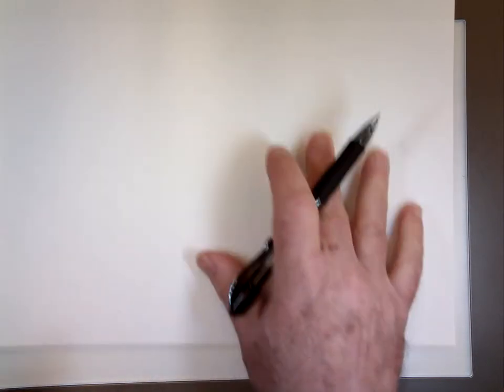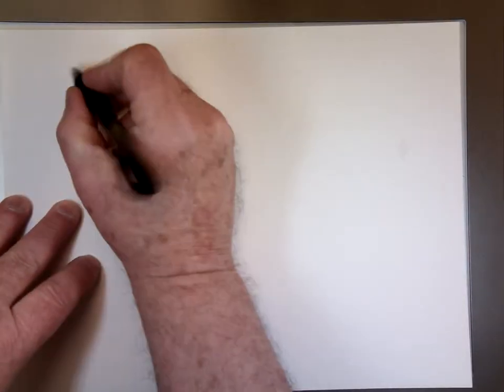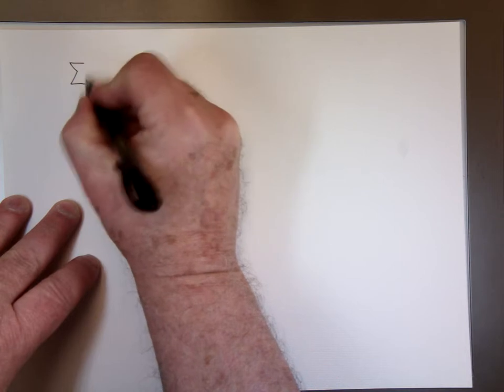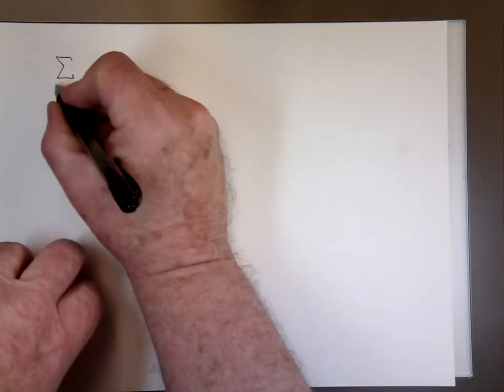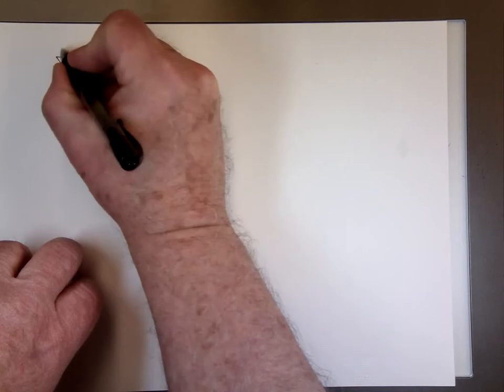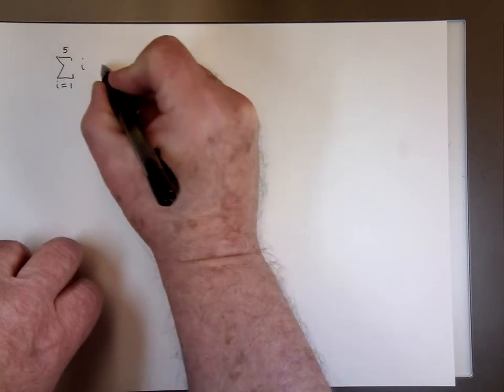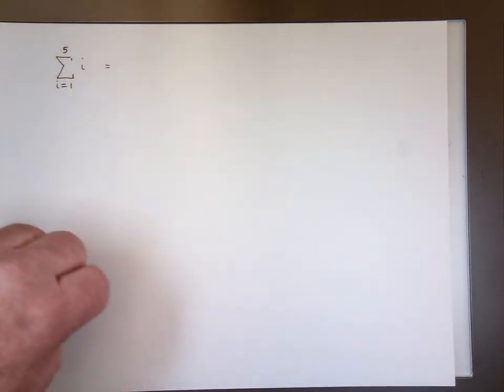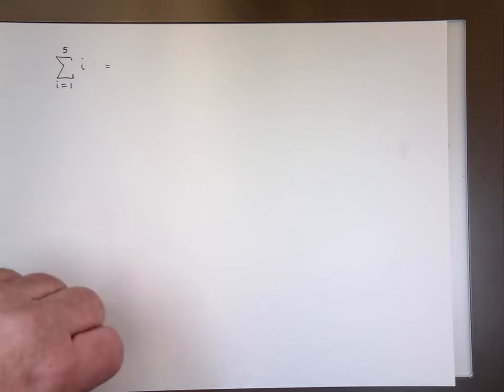Okay? But in order to do this, the first thing we have to do is some sigma notation, some summation notation. The Greek letter sigma in mathematics always represents a sum. For example, if you have something like this, this says to find the sum of the first 5 integers.